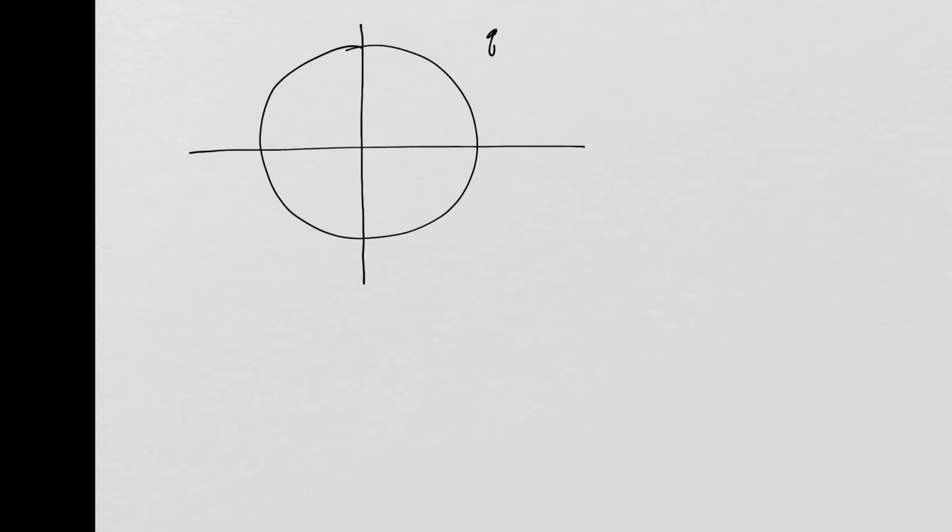This is quadrant 1, where we know the x value is positive and the y value is positive, anywhere in quadrant 1. Therefore, the sine of theta, which is equal to the y value, is going to be positive, so I'll say that's greater than 0. And the cosine of theta is also positive, greater than 0.